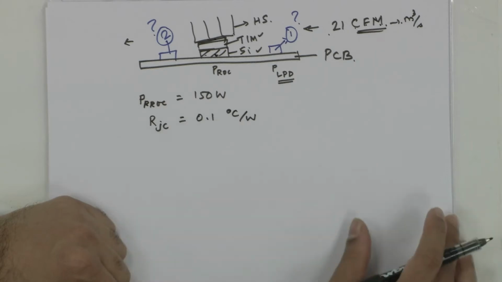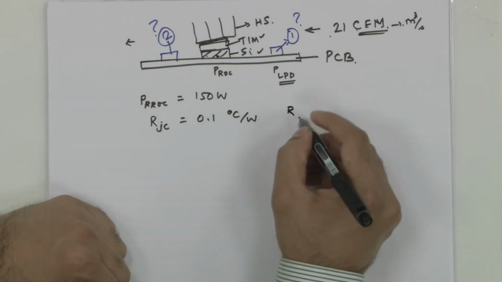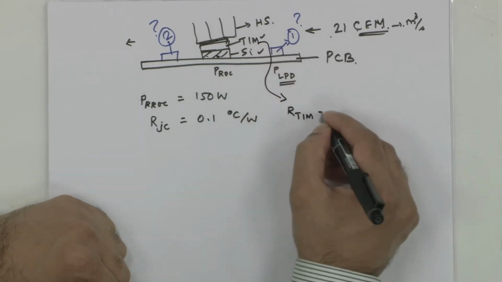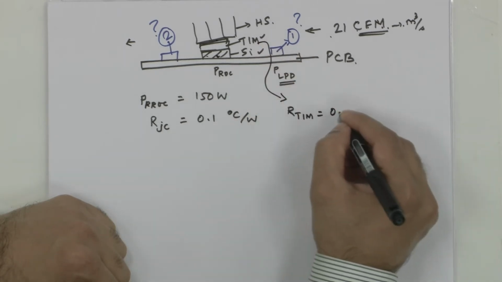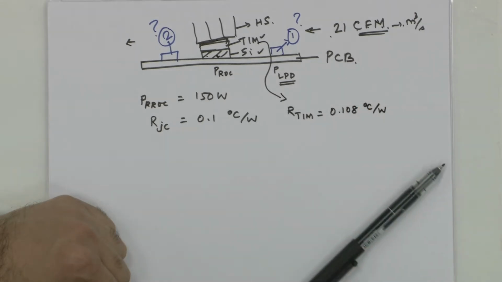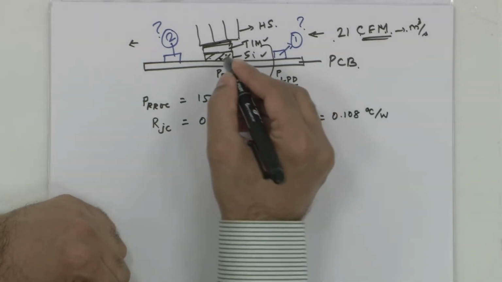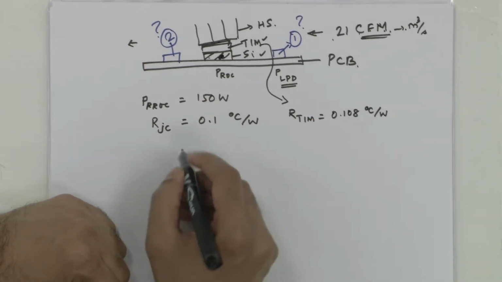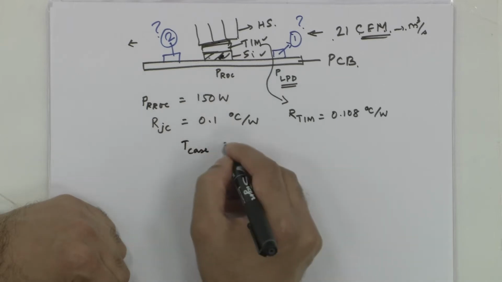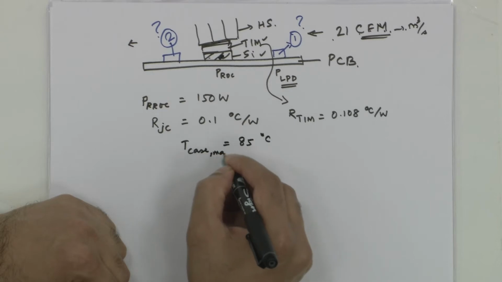And the thermal interface material associated with the processor has a resistance of about 0.108 degree C per watt. The maximum allowable case temperature, that is this temperature we will call it, is 85 degrees. This is the max.